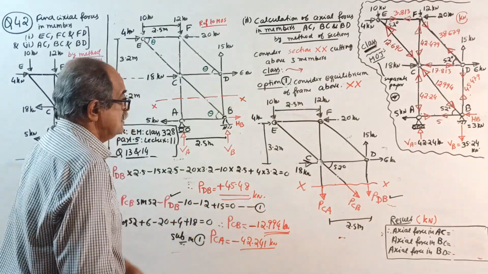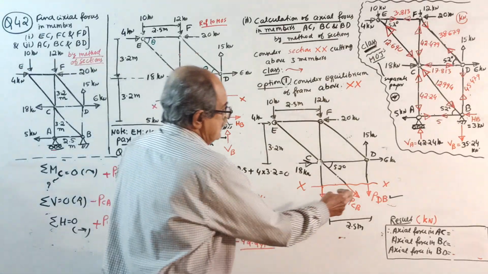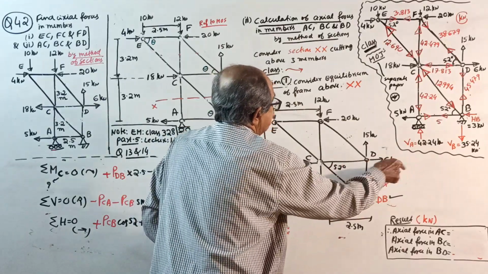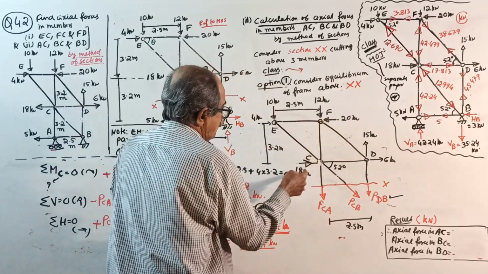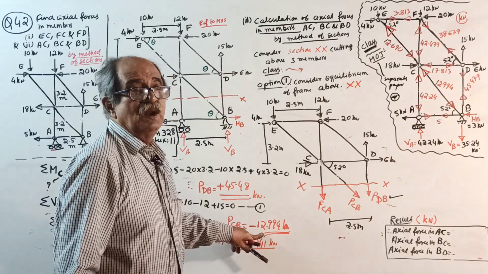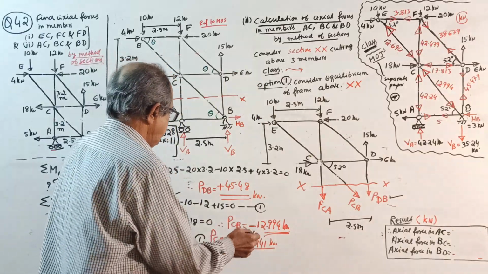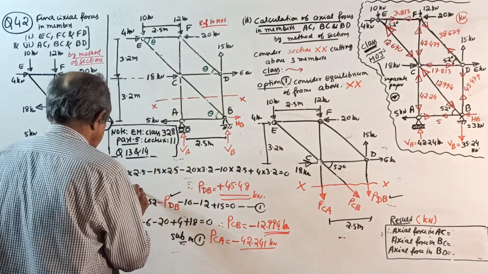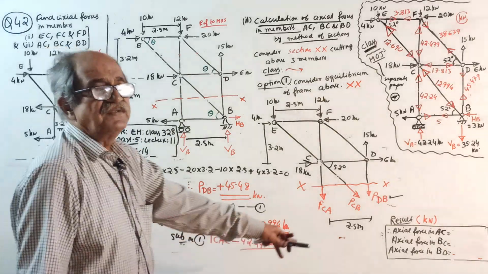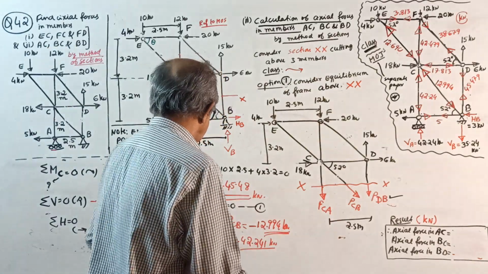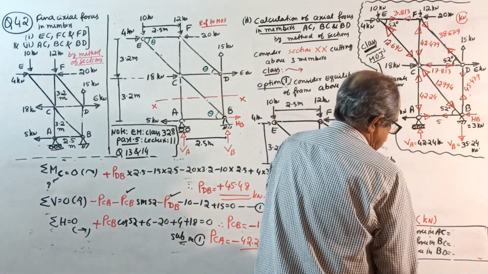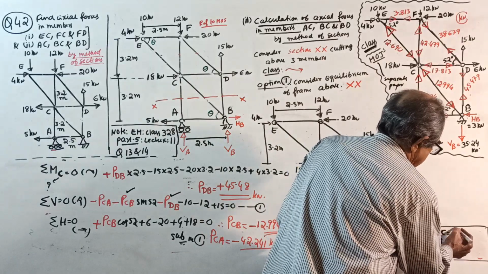Equation number 1, sigma H0. See, these 2 will not come. Plus PCB cos plus 6, minus 20, plus 4, plus 18, equal to 0. PCB will come: minus 12.994. Once you get PCB, substitute in 1, you get PCA. Put the answer. Axial force in AC, 42.241, the answer we got by method of section.